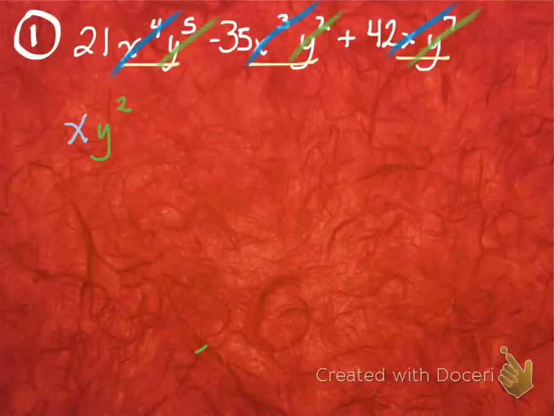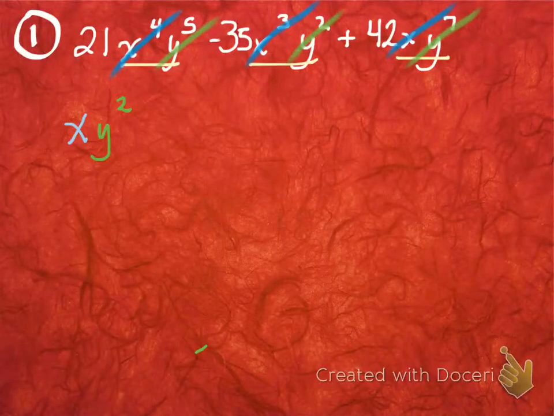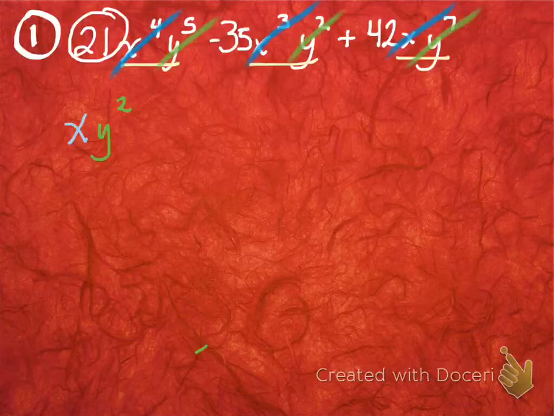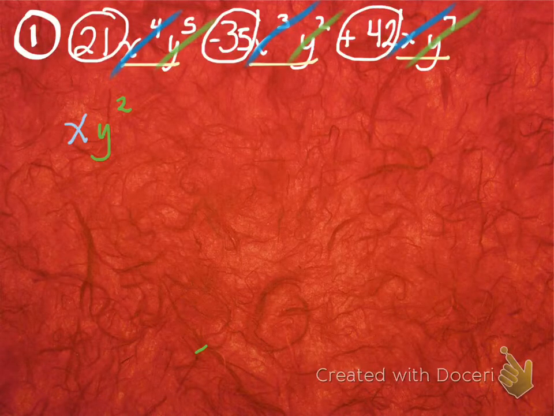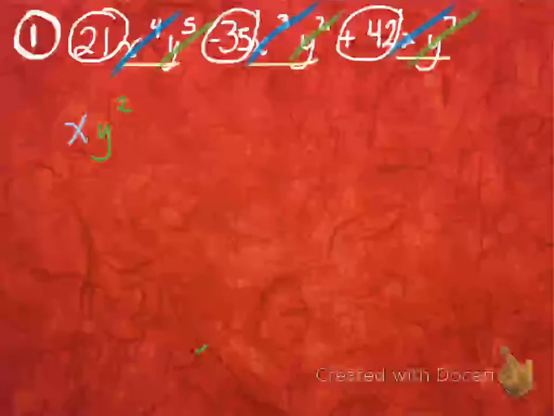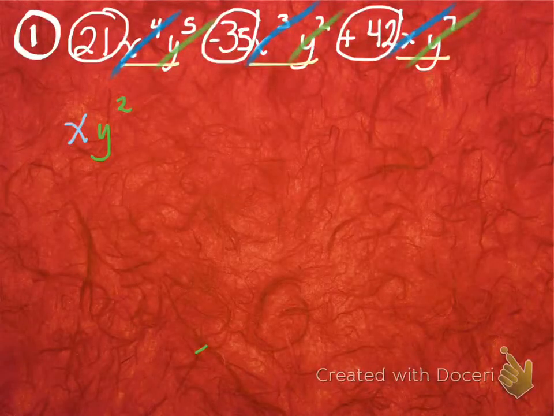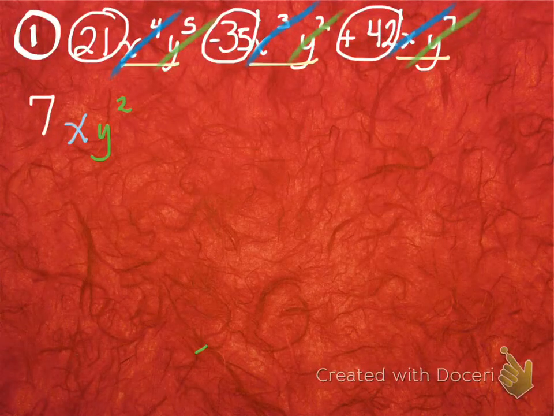So now I've looked at my variables and I figured out which of my variables need to come out. Now I'm focusing on the numbers. What number divides into 21, 35, and 42 evenly and is the biggest number that can? That's 7. So that is my greatest common factor.